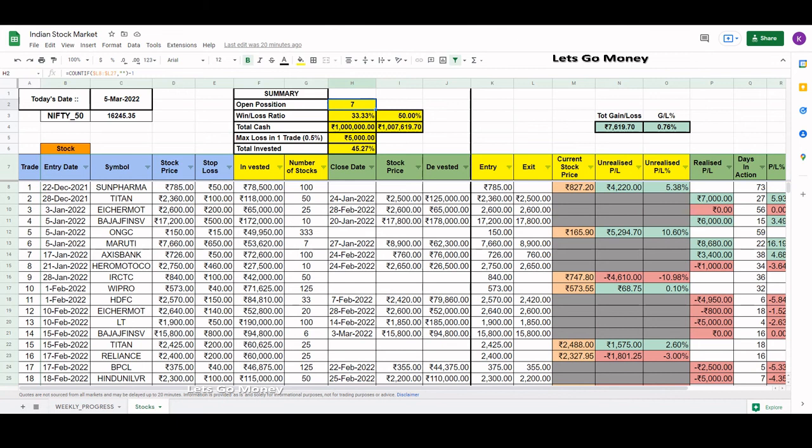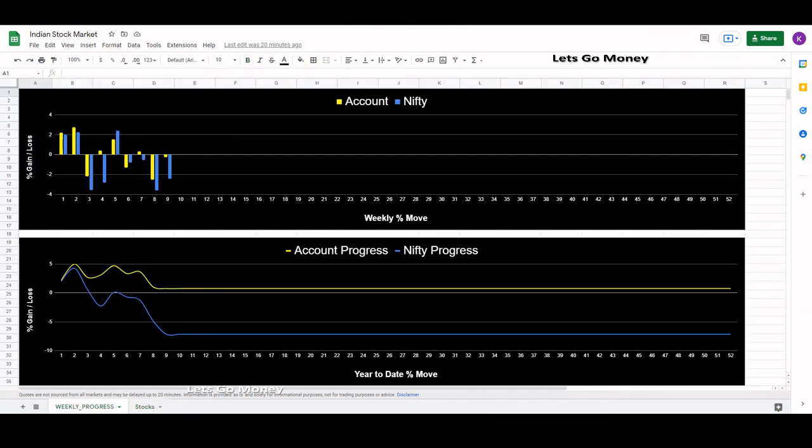And right now the overall gain is pretty much close to 1%, which is definitely not bad, because compared to the overall market, we are pretty much doing better. At least we are able to maintain our account. So that's definitely important.